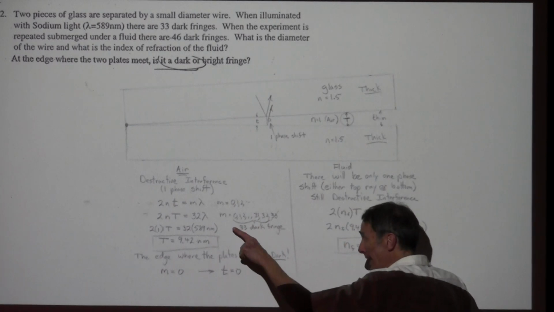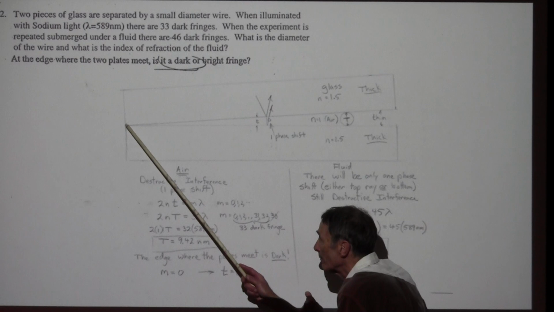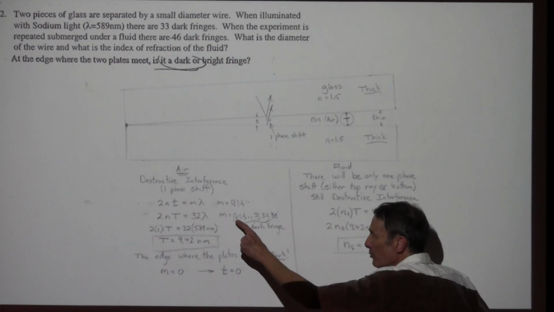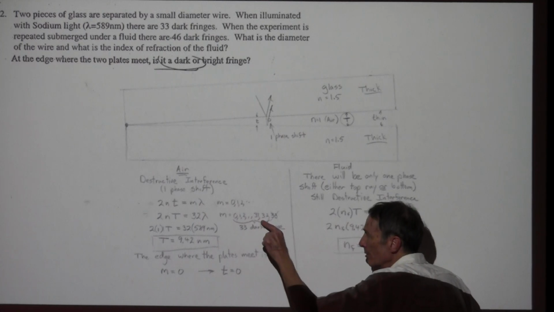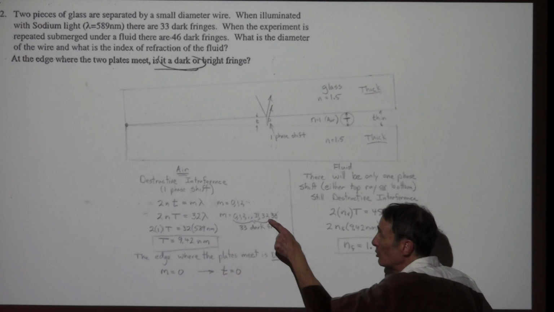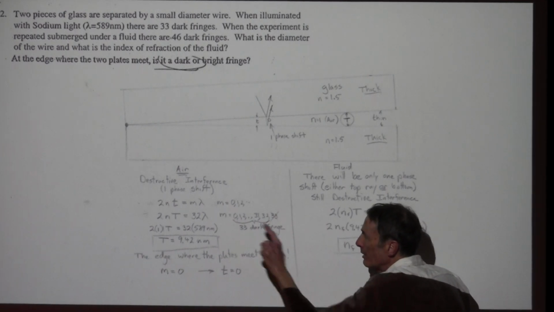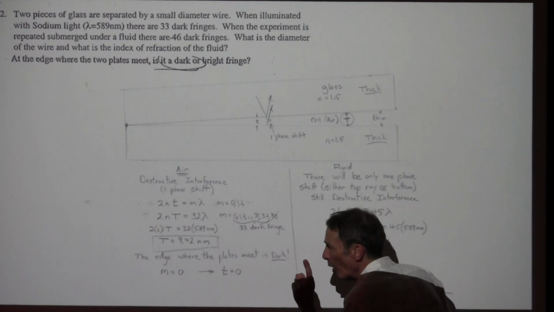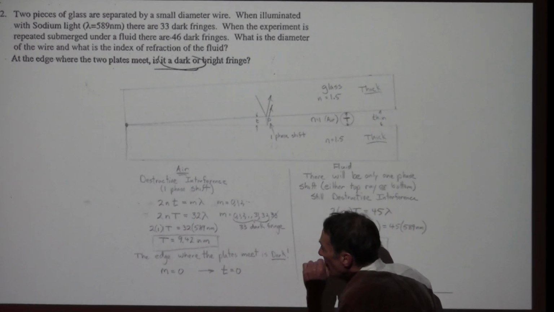He's checking to see whether you know that the first one is at the point of contact, which is m equal to 0. So I count 0, 1, 2, and go up to 32. We wouldn't use 33, because I've already counted the first touching point as 1. These are things that hang people up.